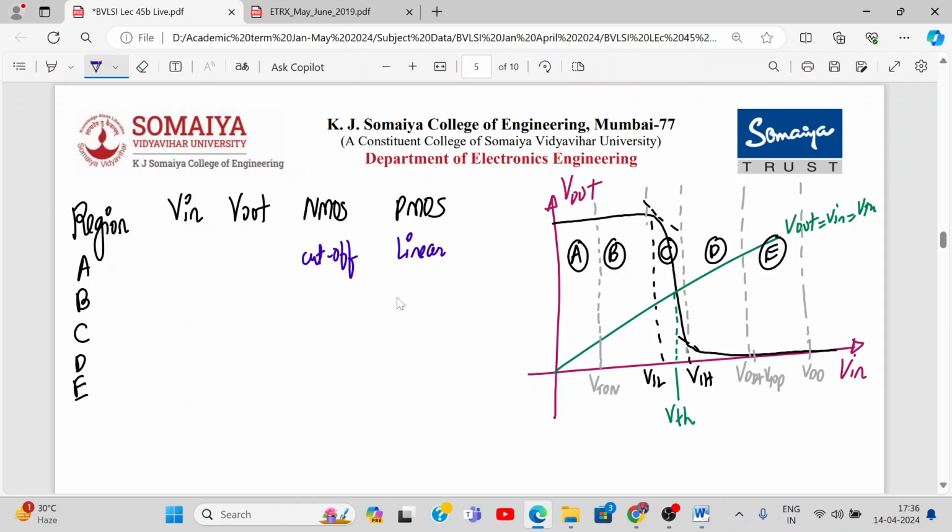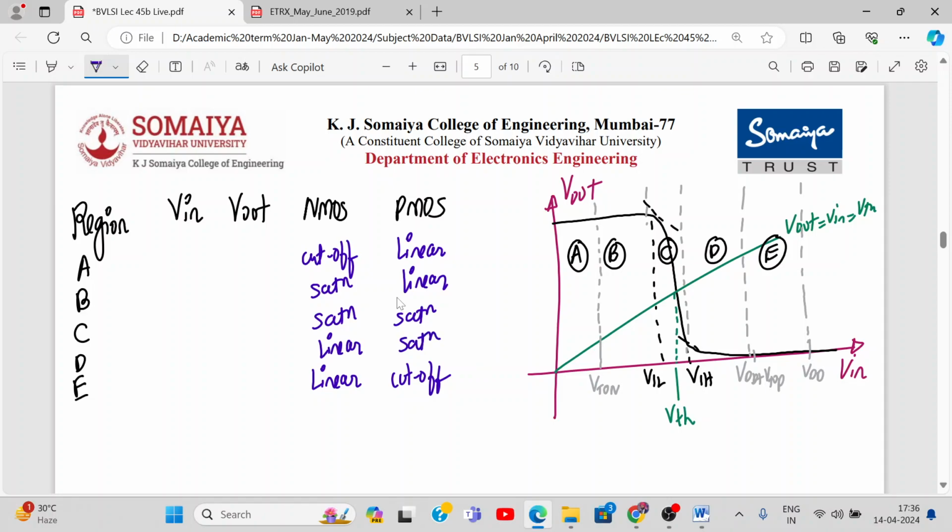In region E, NMOS is in linear and PMOS is cutoff. In region C, both are in saturation. In region B, NMOS is in saturation, PMOS is in linear. In region D, NMOS is in linear and PMOS is in saturation.